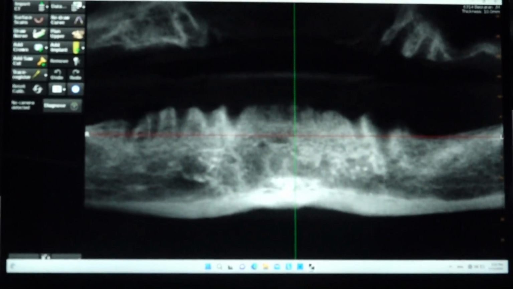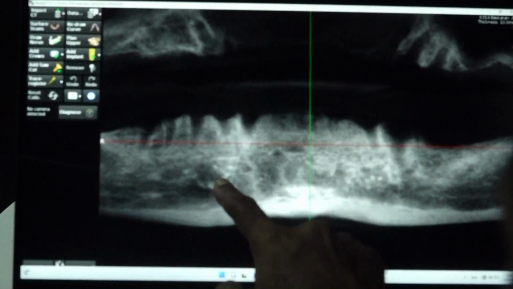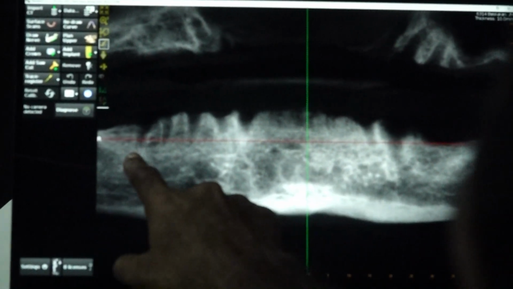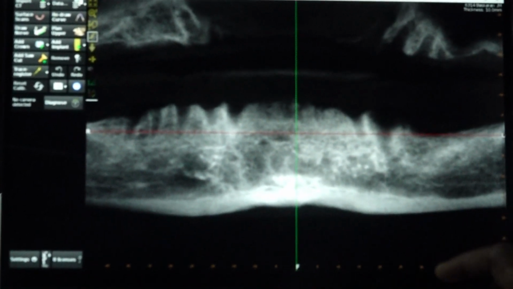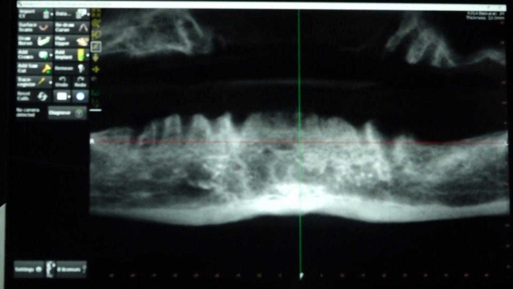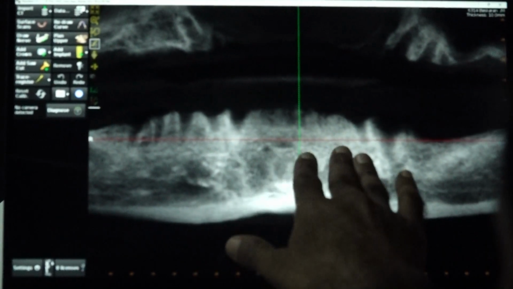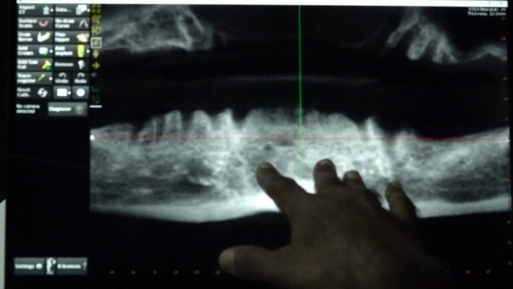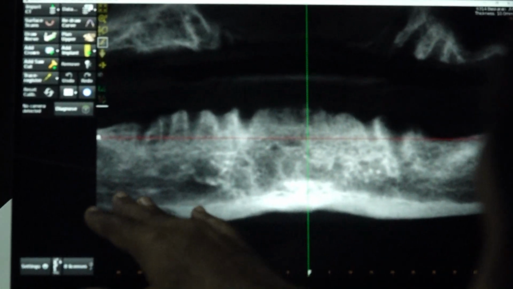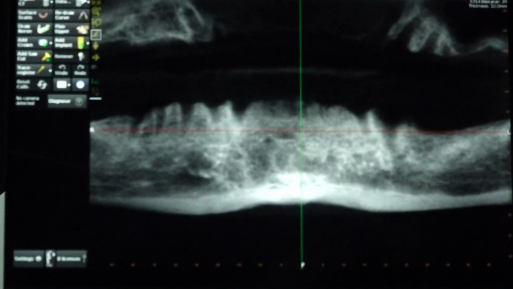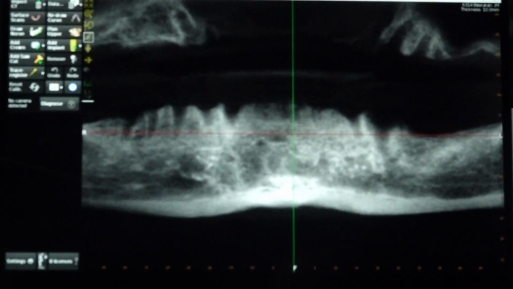Out of 6 implants, 4 implants will be in the interforaminal area and 1 implant each in the distal mandible. If you are going for the 8 implant plan, there will be 4 implants in the interforaminal area and 2 implants in the distal mandible on each side.